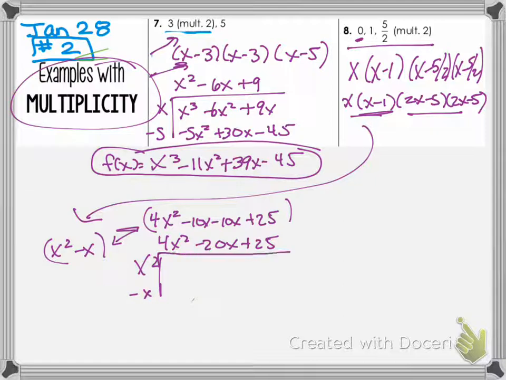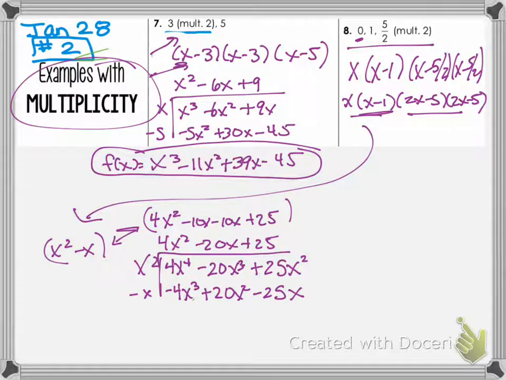So did I give myself enough room? That would be 4x to the 4th minus 20x cubed, plus 25x squared. And this would be minus 4x cubed plus 20x squared minus 25x.